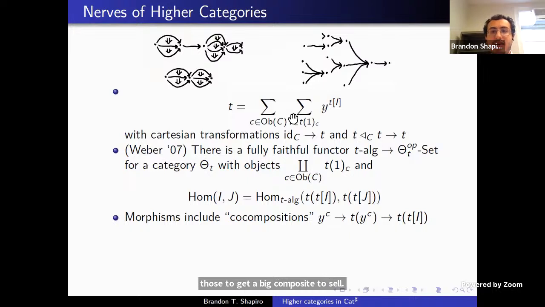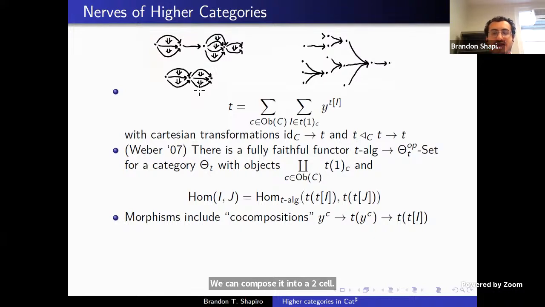That's a single two cell, and we can include from the free two category on a single two cell into that. And that relates to this composition. And so that's in the category Theta, which means that in Theta op sets, for every diagram of this form, we can compose it into a two cell.